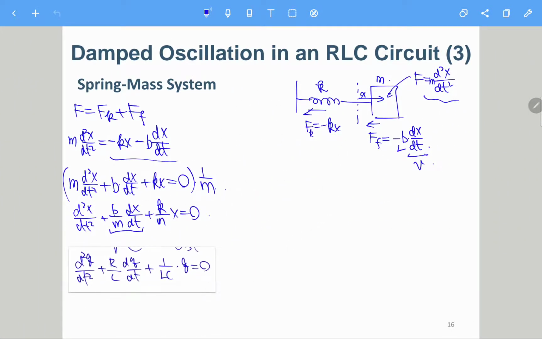Okay, comparing these two, we can change R to be B, and then L to be M, and then C to be 1 over K. Which means that 1 over LC will be 1 over M times 1 over K, so it will be K over M. So we will get this equation from the bottom one.